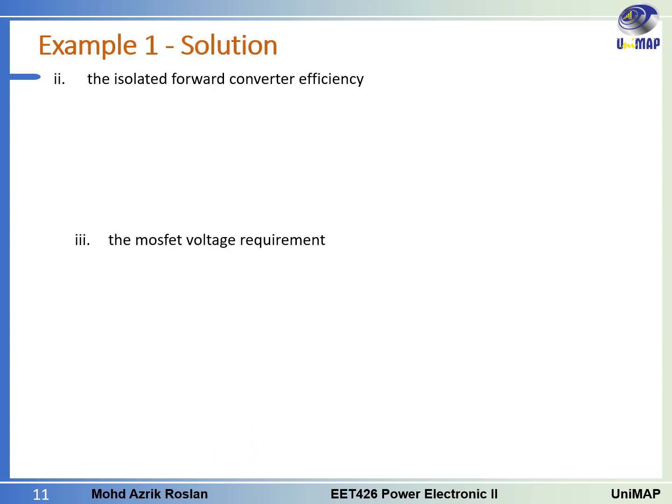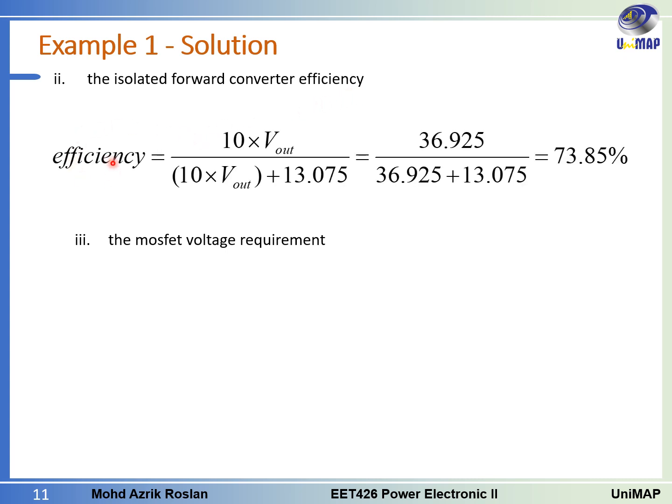So now we move to the second part of the question, which is to find the isolated forward converter efficiency. To find the efficiency, we know the equation already. This is 10 multiplied by V out, divided by 10 multiplied by V out plus 13.075, which is the total power losses. This is just the output power, divided by the output power plus the total power losses.